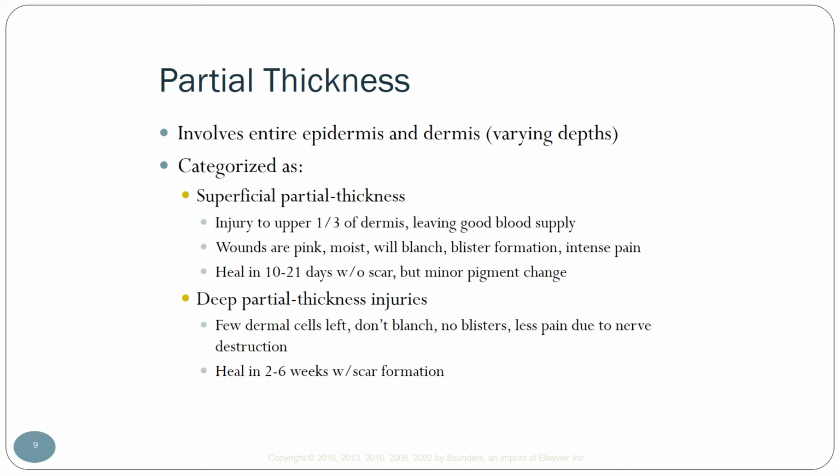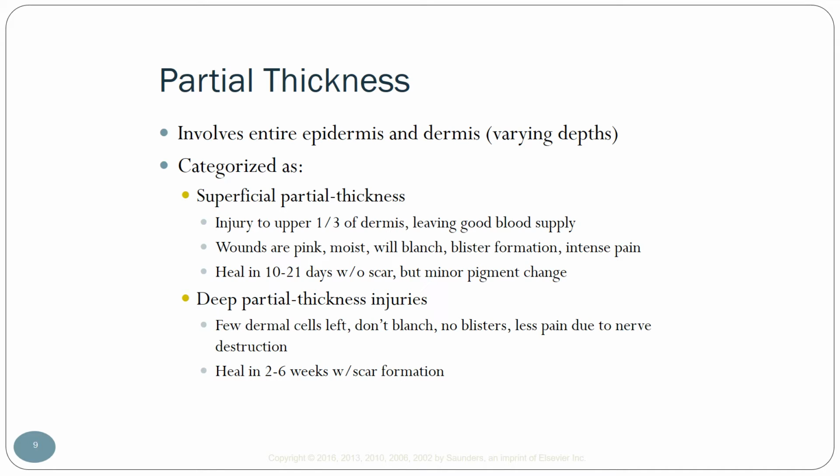The partial thickness then is going to heal in 10 to 21 days. There could be minor pigment changes to that area of skin, so it may heal a little bit lighter than the original color of the skin, and some of that is the collagen formation.